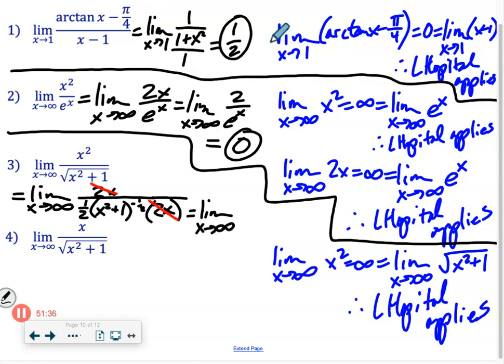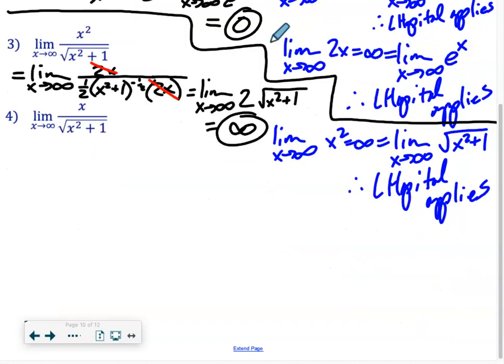So 1/2, that's 2. x squared plus 1 to the negative half, that's root x squared plus 1. So when you plug in your infinity, what do you get? You get infinity, right? 2 times infinity is infinity. This guy's infinity. All right. All of those, not bad. Pretty normal.